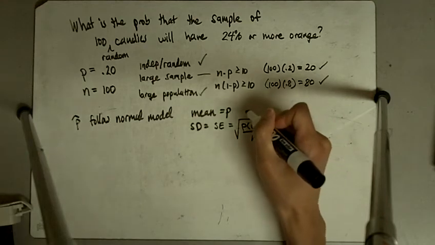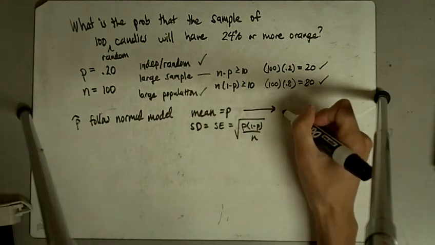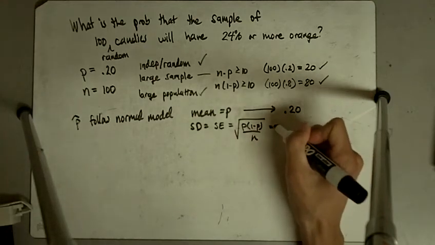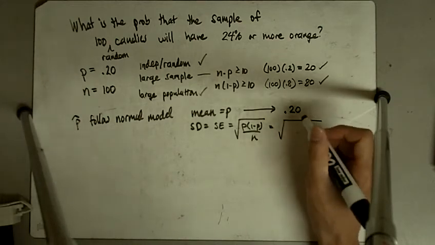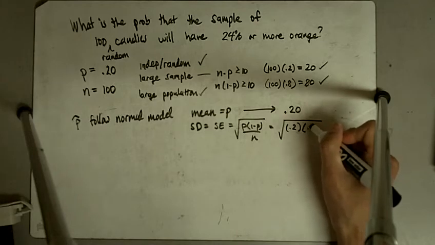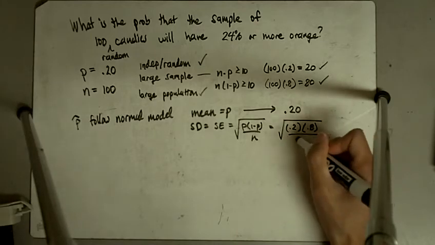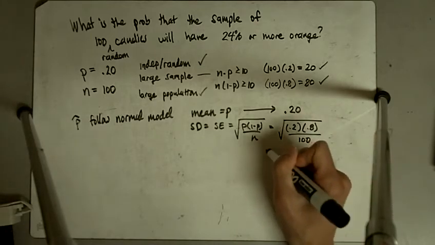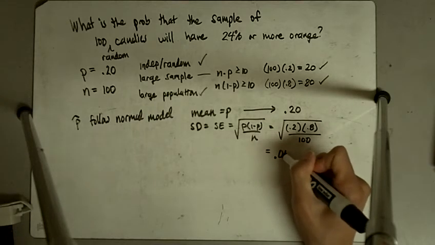So the mean is going to be 0.20. Standard error, which we found back in 729, I'll do it very quickly again, is the square root of 0.2 times 1 minus 0.2, which is 0.8, divided by n, which is 100, and this gives me 0.04.